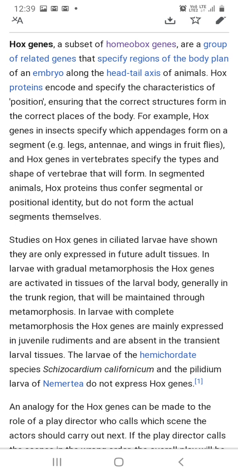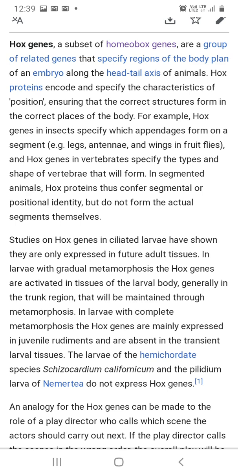For example, antenna should be formed in the head region, wings and legs should be formed in the thoracic region. So the HOX genes, as I have already talked about, contain 8 genes, and these genes ensure that the correct structure forms in the correct place.